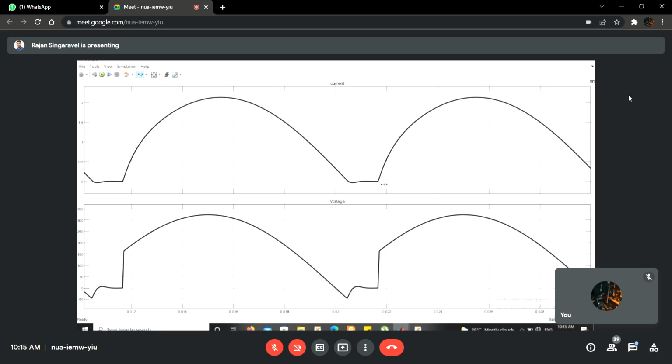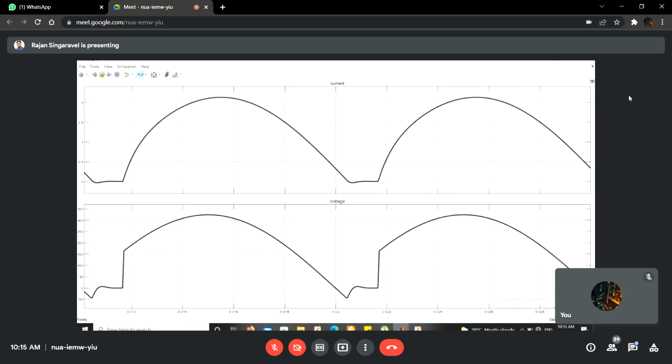Once you give the firing pulses at alpha equal to 30, the voltage immediately appears as per the sine wave, but the current increases linearly, once again because of the inductive effect.